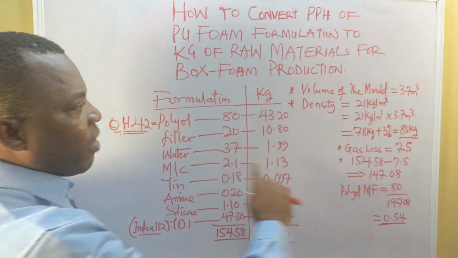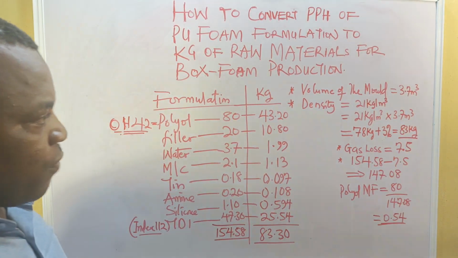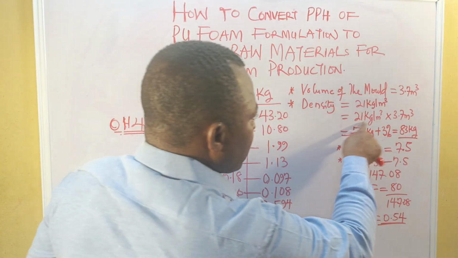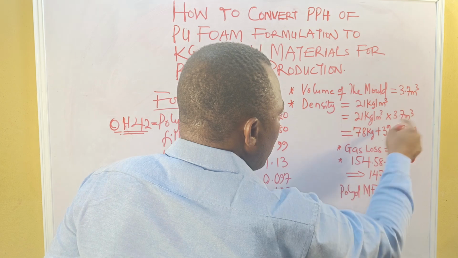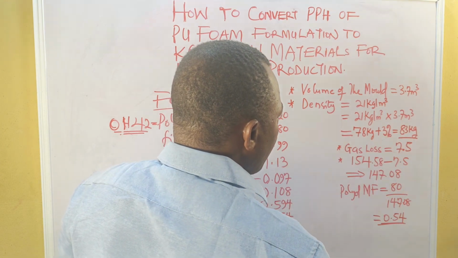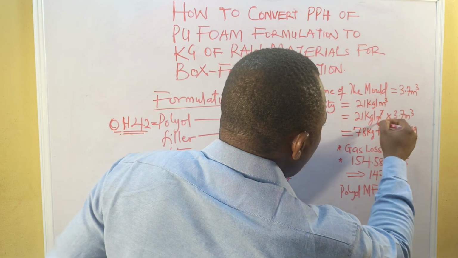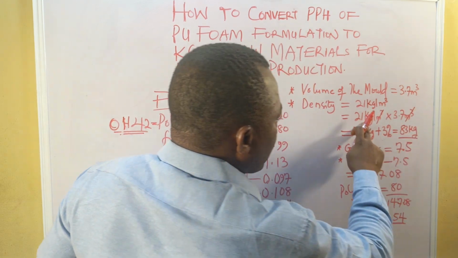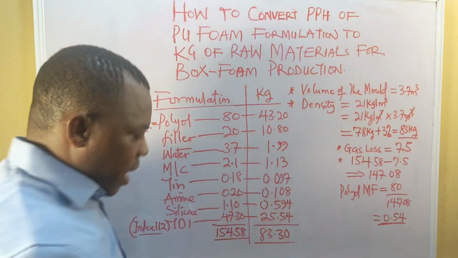Let's assume this is what we achieve. So density times 3.7 meter cube. So meter cube, sorry, this one will take this one away, we are left with kg. So 21 times 3.7 will give us 78 kg.